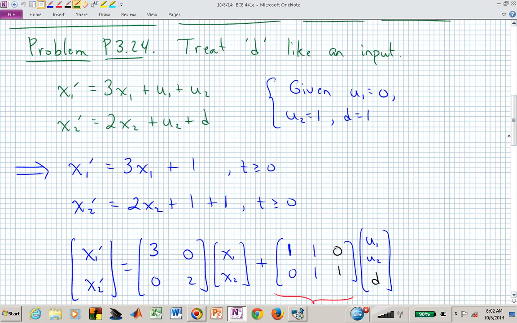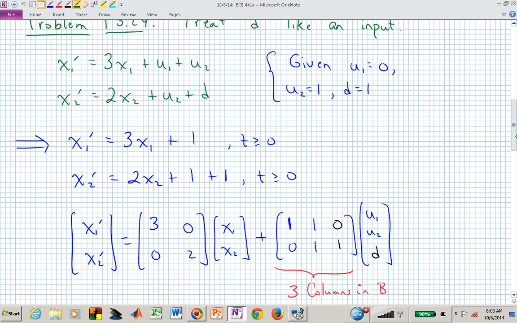On problem 24 in chapter 3, you're given a system that has 2 inputs and then it has a disturbance, and we can treat disturbances in the same way that we can think of inputs. They may not be coming in the same direction or with the same B matrix column, but you can treat it as an additional input into your system, as illustrated here.